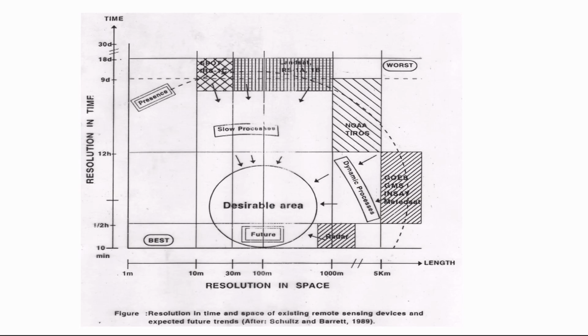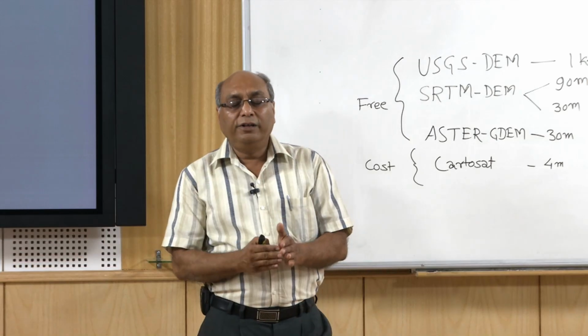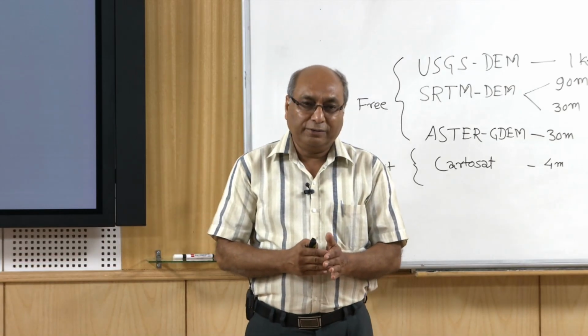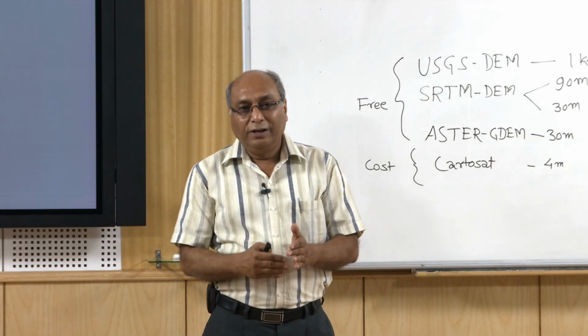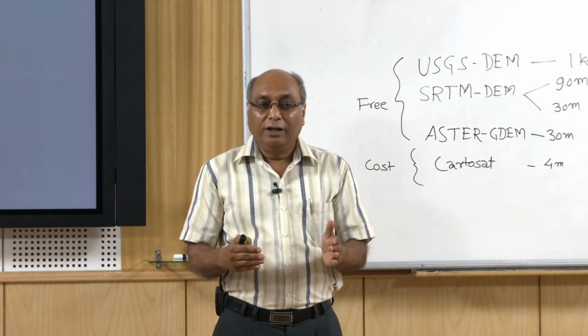So this has shifted this much, but the repeat cycle, that is the temporal resolution, is still there. As I have already mentioned, the higher the spatial resolution, the lower the temporal resolution; the revisit of the satellite is going to be much longer.